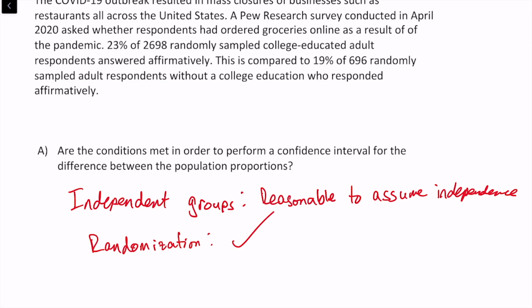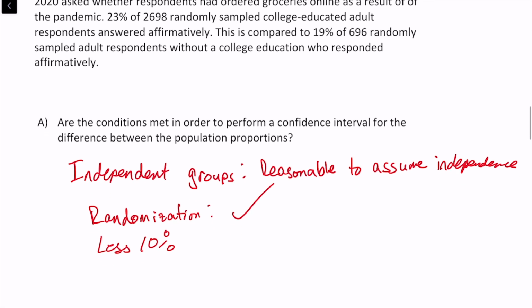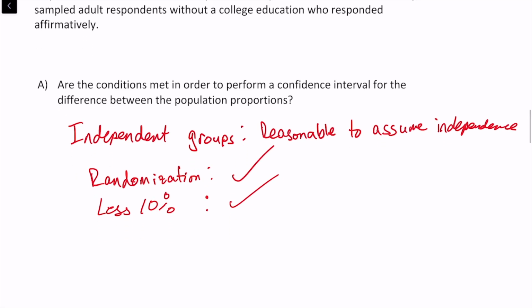Okay? All right, also, we have our less than 10% condition. Certainly, we only sampled 2,698 college-educated adults, and we only sampled 696 non-college educated adults. So yes, we have less than 10% sampled. And lastly, we need to check our success and failure condition.